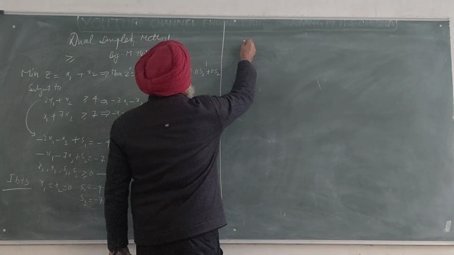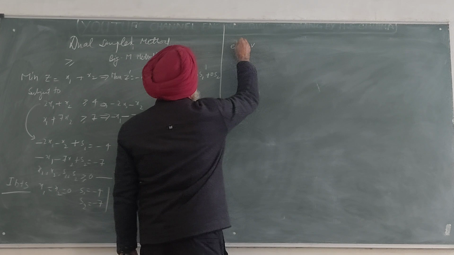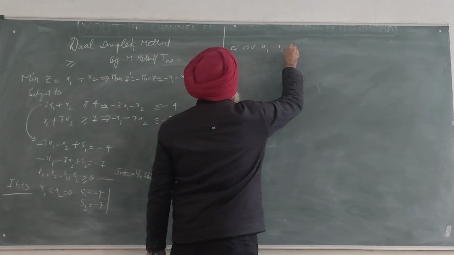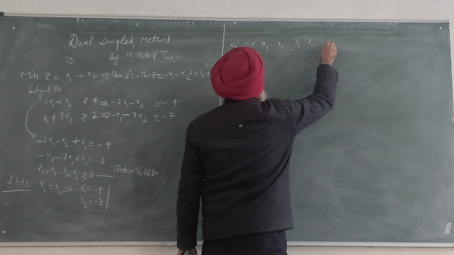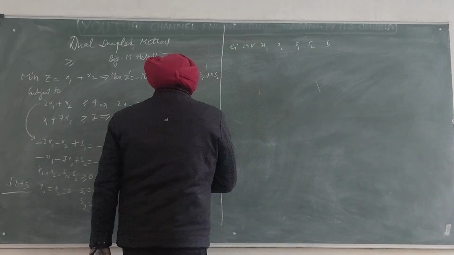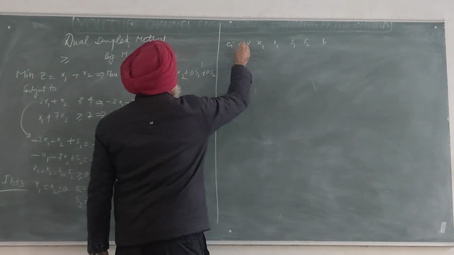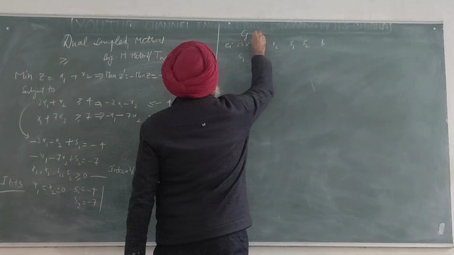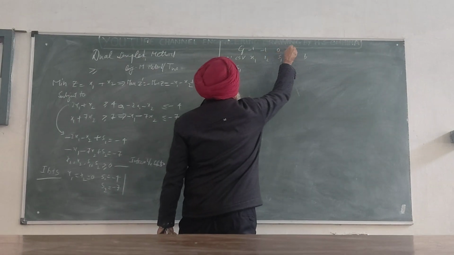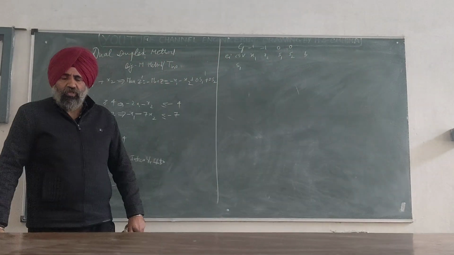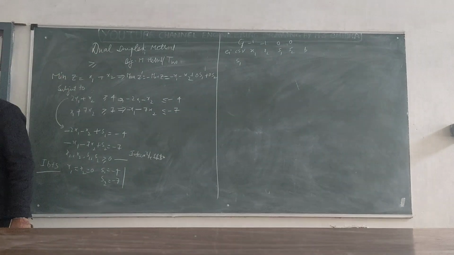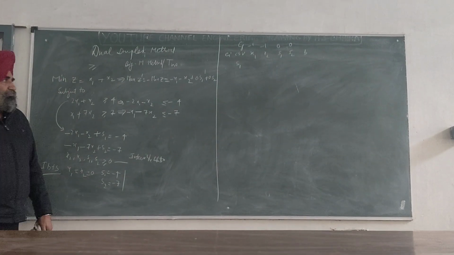Again, this we have already discussed a couple of times: CB, Cj, x1, x2, s1, s2, b. From the first constraint, we get the value of s1. This is Cj here, minus 1, minus 1, 0, 0. Clear? So far, is it okay or not? So we have reached here.